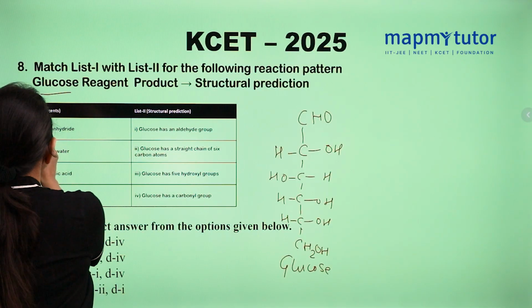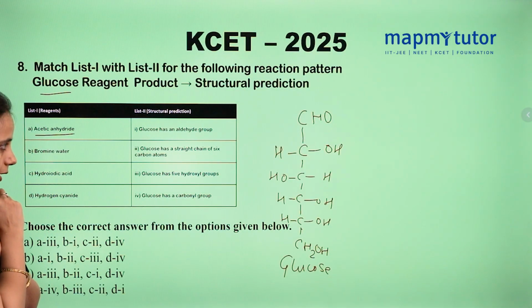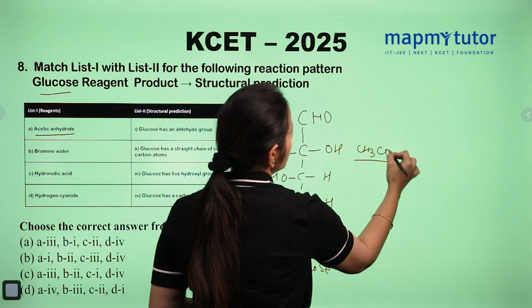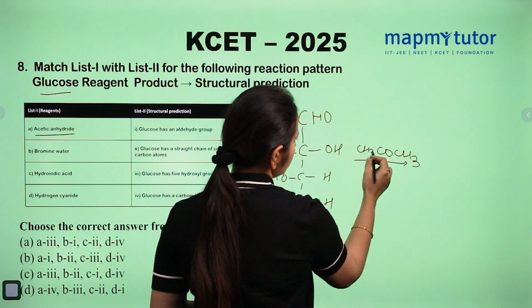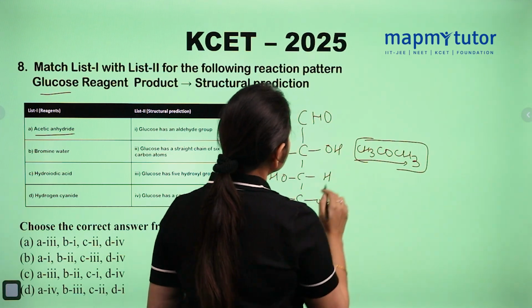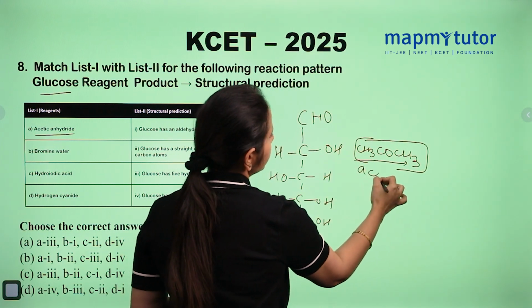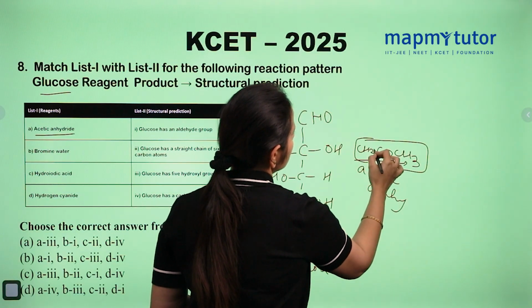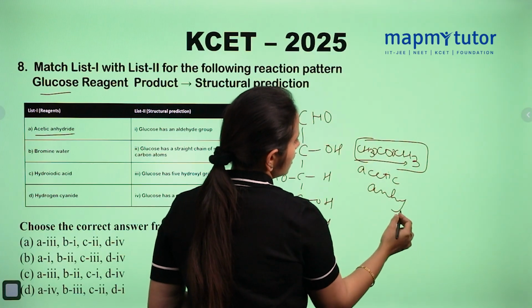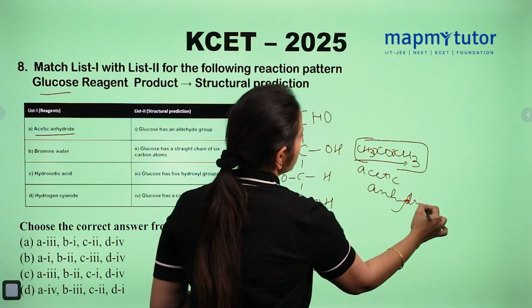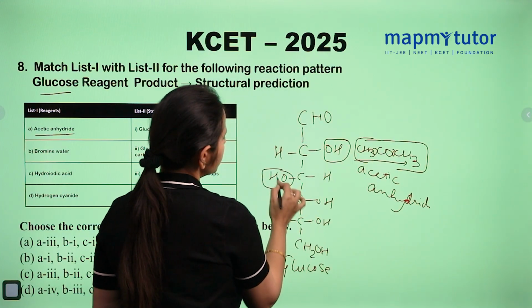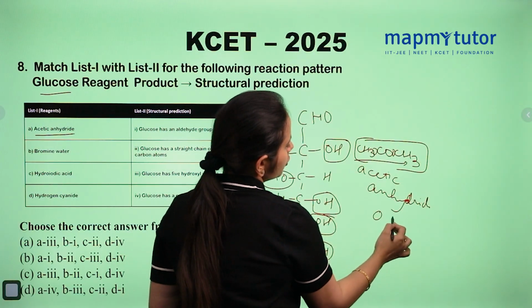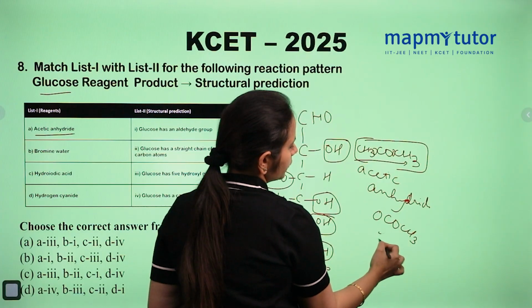First is acetic anhydride, (CH3CO)2O. Acetic anhydride will react with the 5 OH groups and convert them into OCOCH3 ester groups.